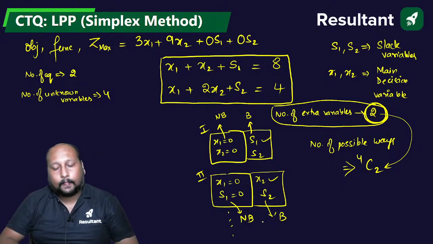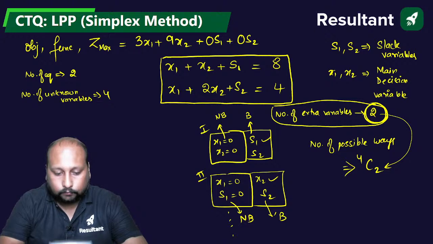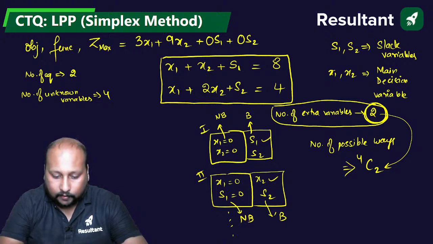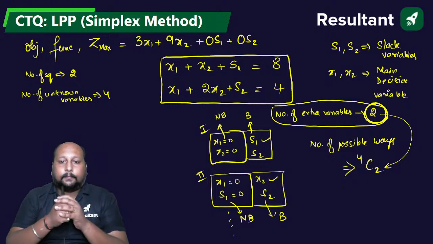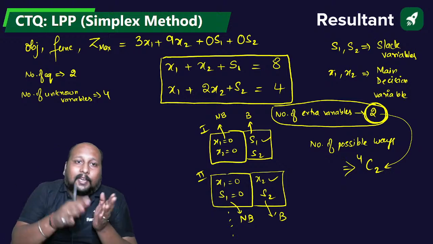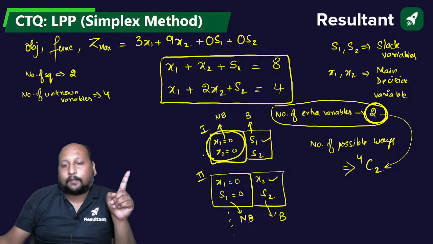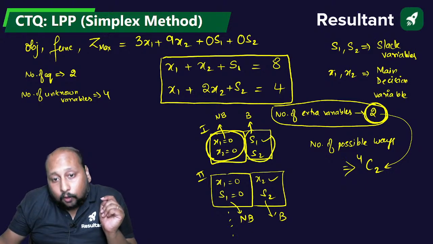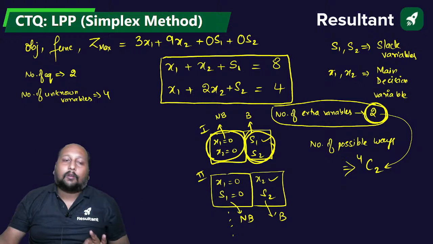Clear? So the variables which we assume to be equal to 0 we call the non-basic variables, and the variables whose value we are calculating are called the basic variables, or simply basis.